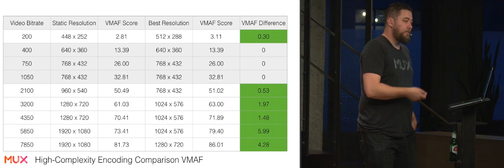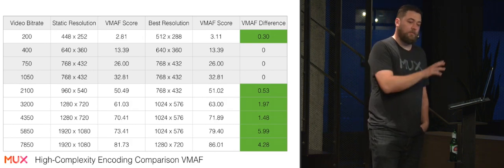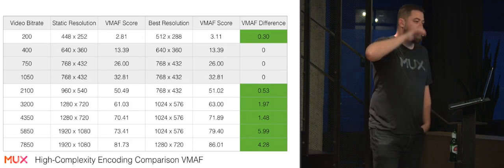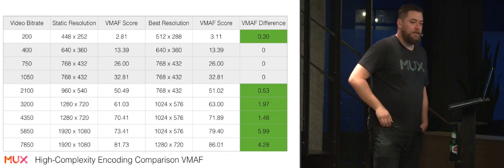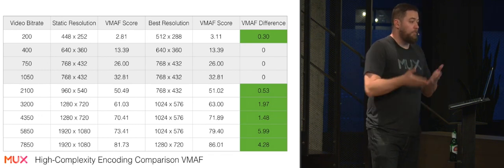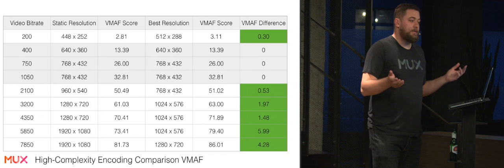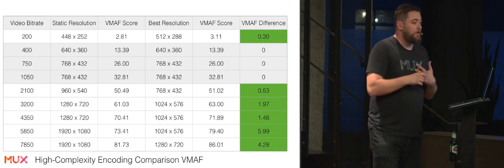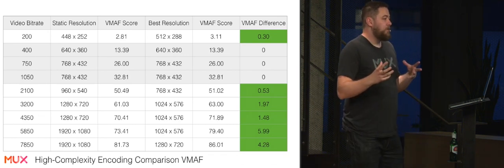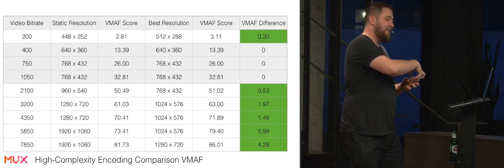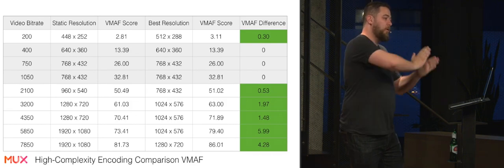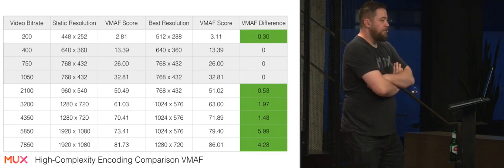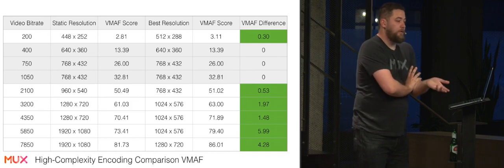But with this model, it was detecting, hey, this is really static content, it's really consistent content, switch up to 1080p at 1 megabit. That's going to make this look best. And we've done that. We have users in production with this flag set to true because it makes their content look better. What we haven't found is really high complexity content yet, where going lower makes a lot more sense, but we do have those clips in the validation set.